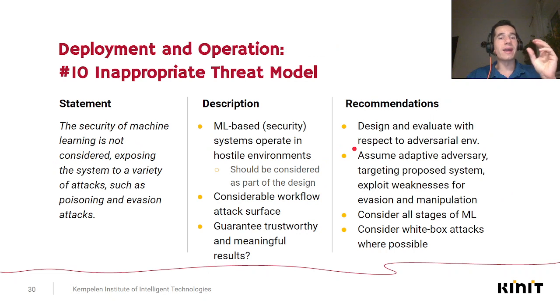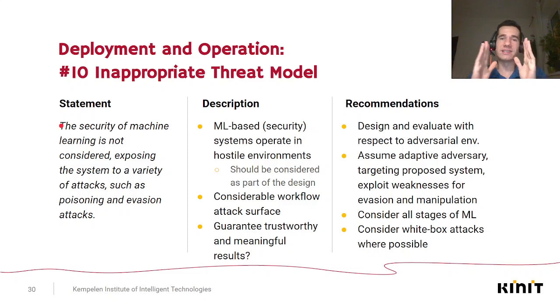And the very last pitfall during the deployment and operation of the method is an inappropriate threat model, which means that the security of the machine learning is not considered, and it exposes a system to a variety of attacks, such as poisoning and evasion. What does it mean?